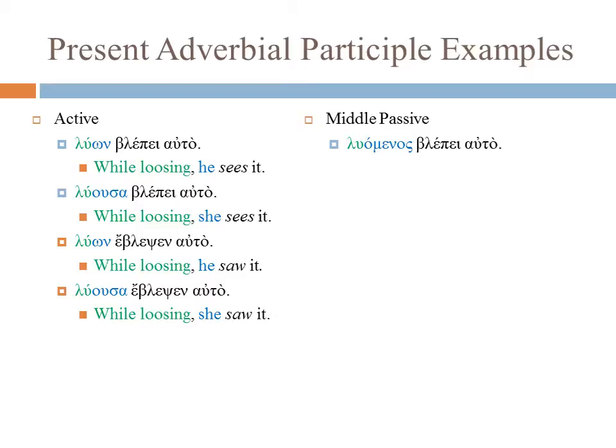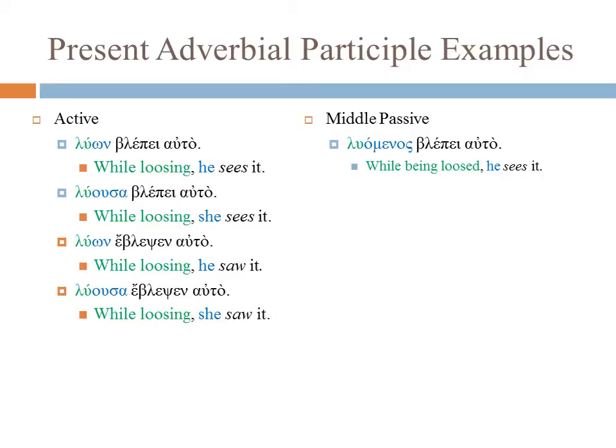So we see luamenas blepeata. So this is middle passive, and that Omicron sigma tells us this is masculine. So we know that this is masculine, that is passive. So while being loosed, and I'm using this ing with the be in order to emphasize the continuous, while being loosed, he sees it.